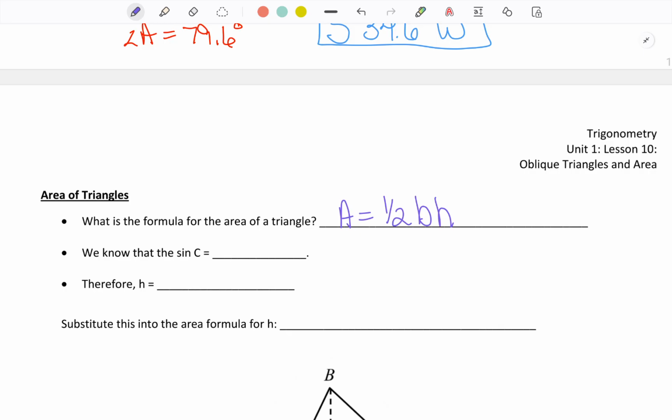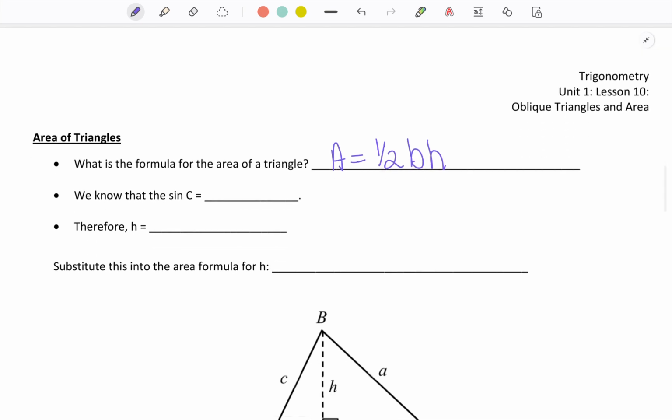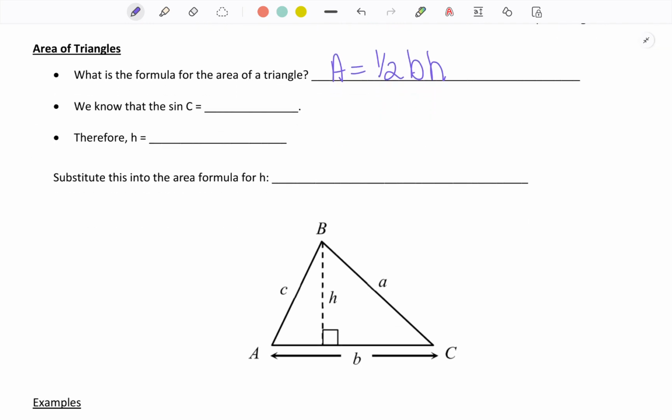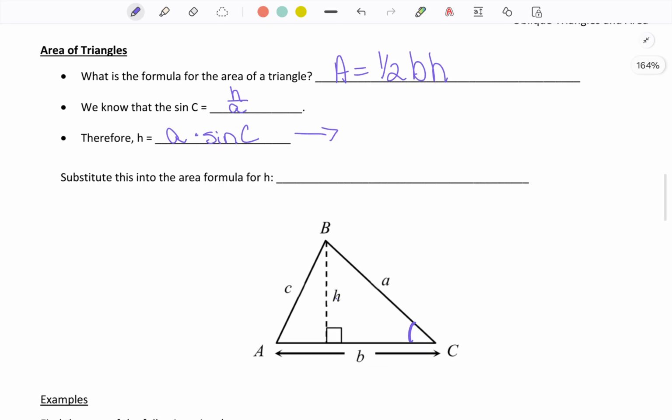And we also know from looking at our figure here that the sine of C, which is this reference angle right here, is going to be the height of the triangle over side A, because height is the opposite side from angle C. So if we solve for H, we have to multiply by A. So that would be A times sine C. And then we could substitute that in for height.